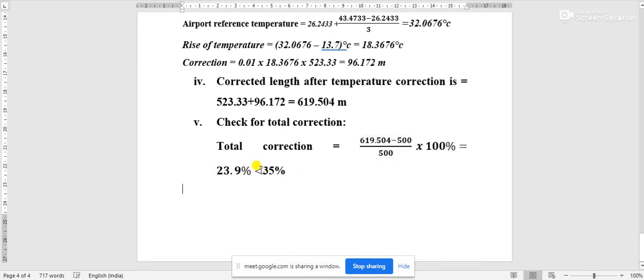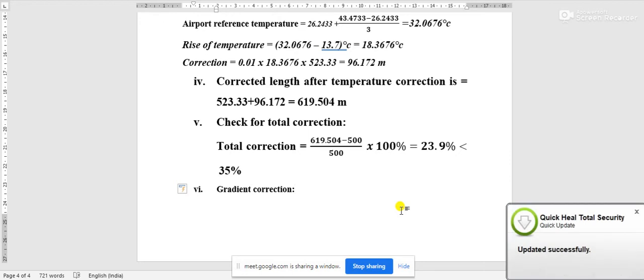Okay, that means now we may proceed for the next step, that is gradient correction. As the total correction is less than 35%, we may proceed for gradient correction.